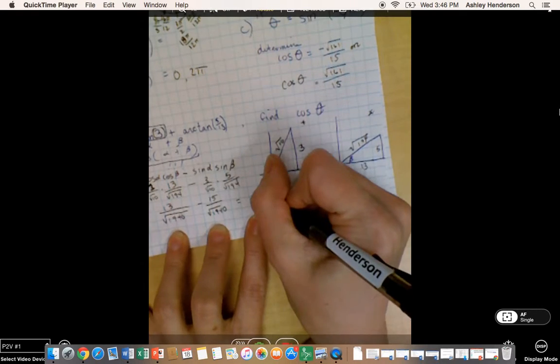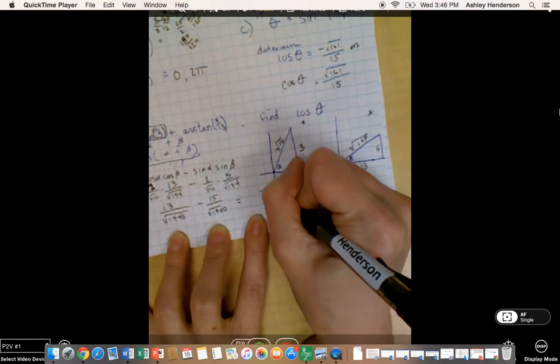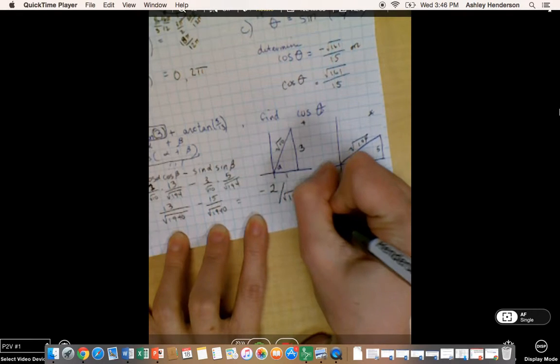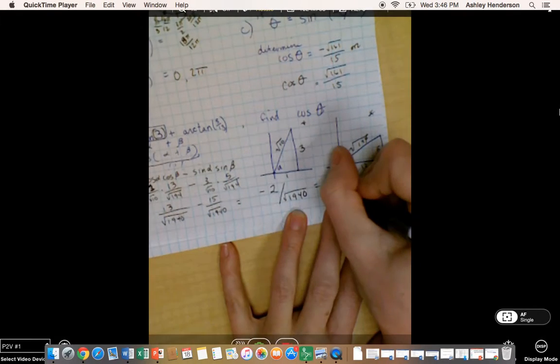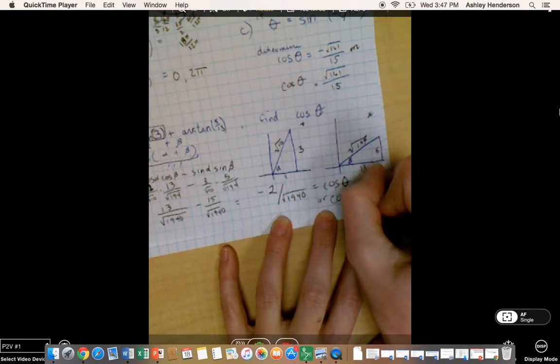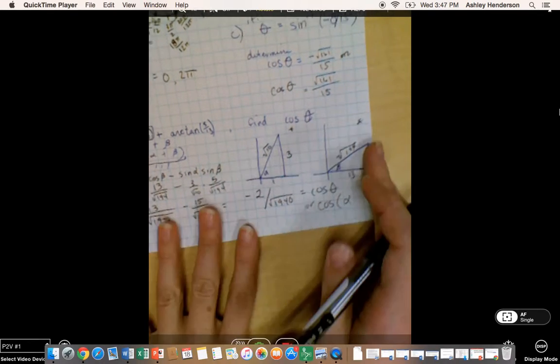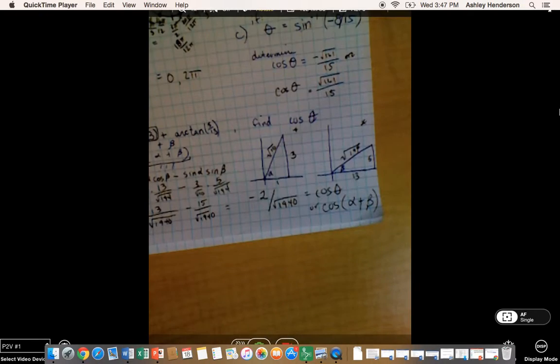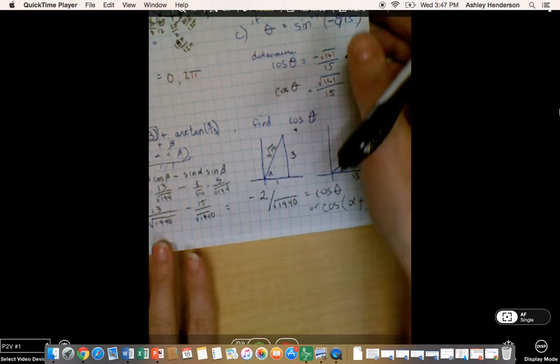So I would say that is negative 2 over root 1940 is the cosine of theta, or the cosine of alpha plus beta. Okay, that's all. We'll go over these tomorrow in class.